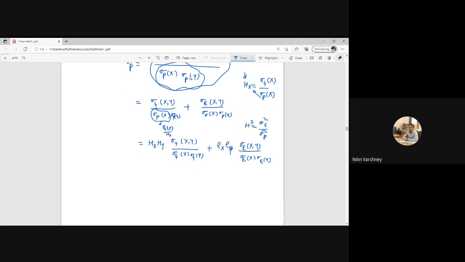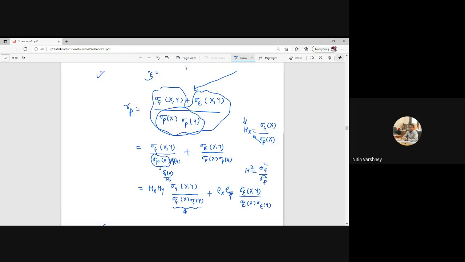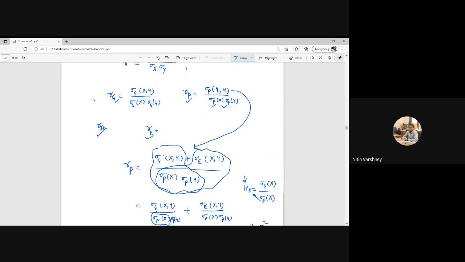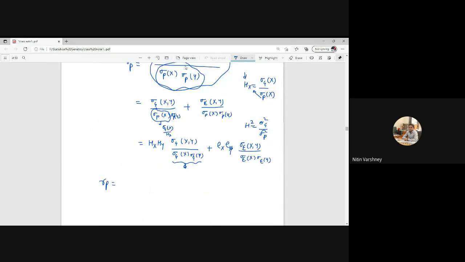Okay, so this is our Rp, and this is Rg, I have written here. So we have bifurcated it: hx hy Rg plus ex ey Re. So this direct formula can come in the exam.